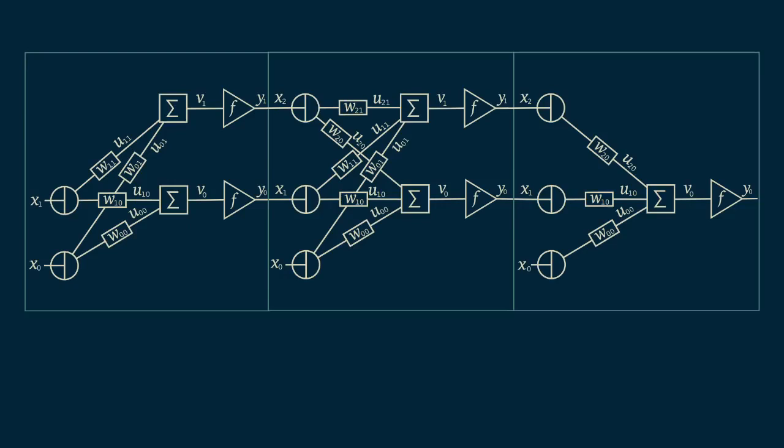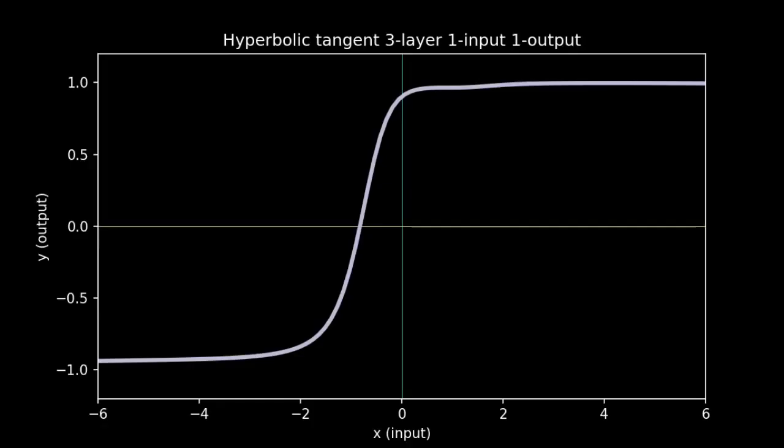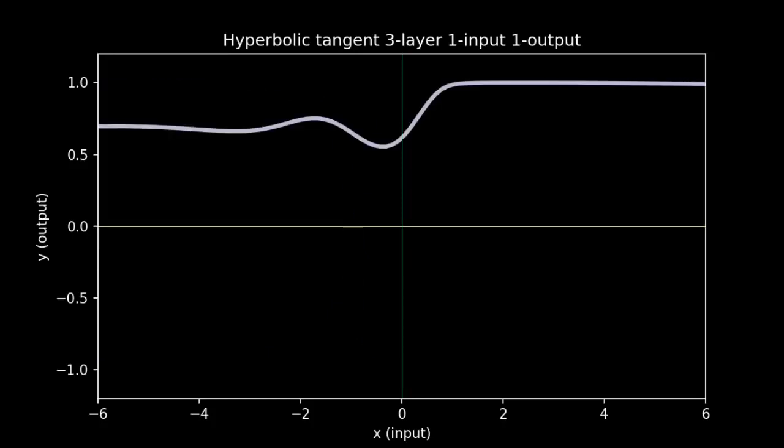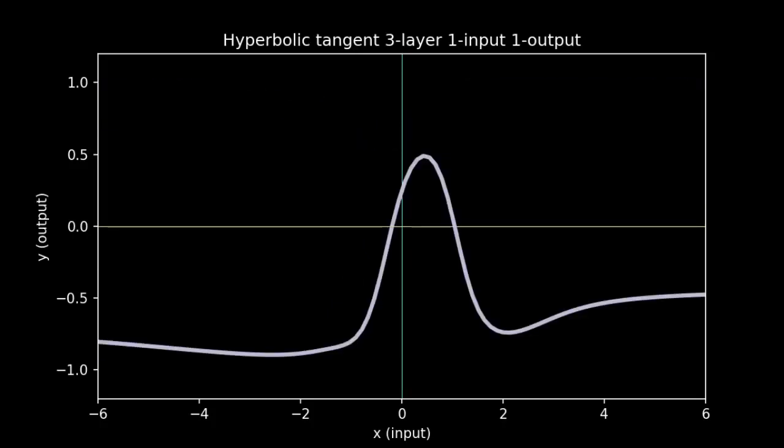We can take the next step and add another layer to our network. Now, we have a set of hidden nodes between layer 1 and layer 2, and another set of hidden nodes between layer 2 and layer 3. Again, we choose random values for all the weights and look at the types of curves it can produce.